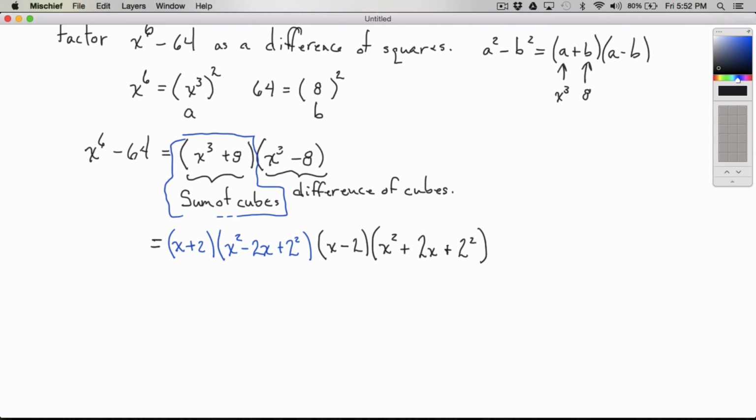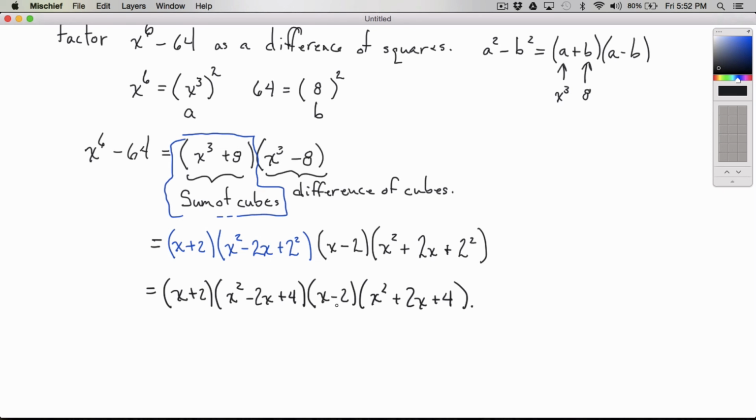Give ourselves some space. So when I simplify all my terms, as you should do, we have x plus 2 times x squared minus 2x plus 4 times x minus 2 times x squared plus 2x plus 4.